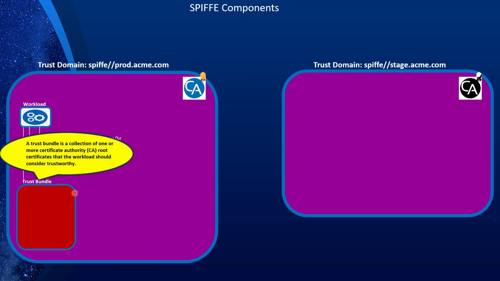There's also a trust bundle. A trust bundle is a collection of one or more certificate authority root certificates that workloads should consider trustworthy. So in this case, we have this one, of course. This is a CA that signed its certificate, so that is trusted. So any workload identity that is signed by this CA is accepted.